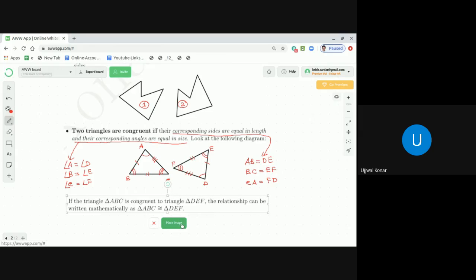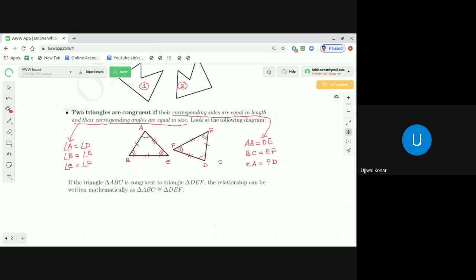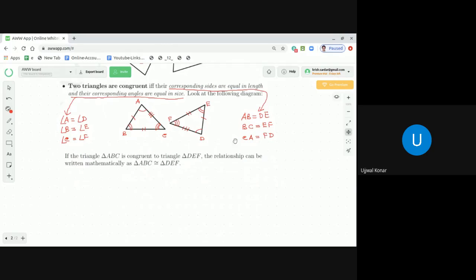If the triangle ABC is congruent to the triangle DEF, the relationship is written mathematically as triangle ABC, then the equal sign with a tilde above it, which is called the sign of congruency, then DEF.